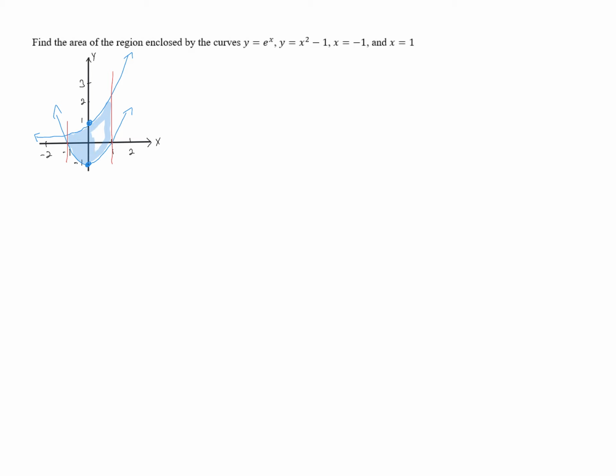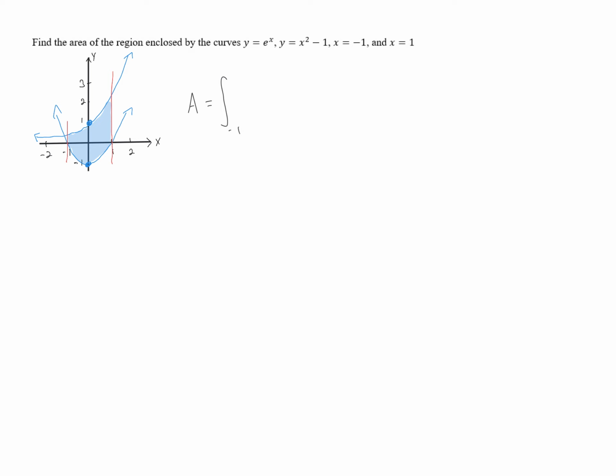And the reason we want to have an idea of what this looks like is so we can figure out which of these curves is going to give us the upper bound and which is going to give us the lower bound, and make sure that there's nothing else weird going on here. So we know to find the area, we can integrate the difference of the functions.